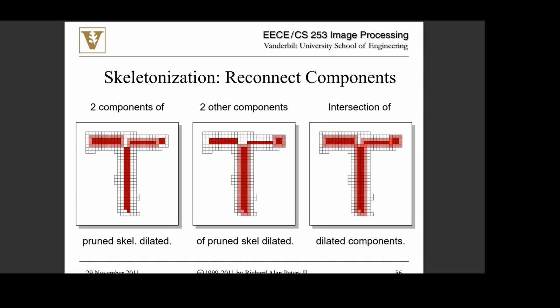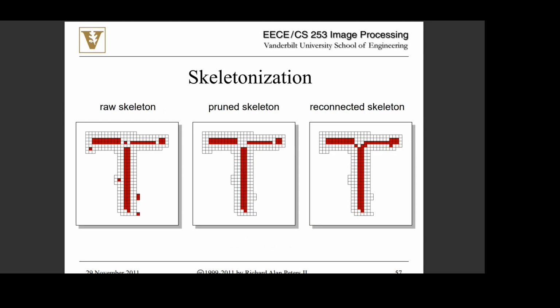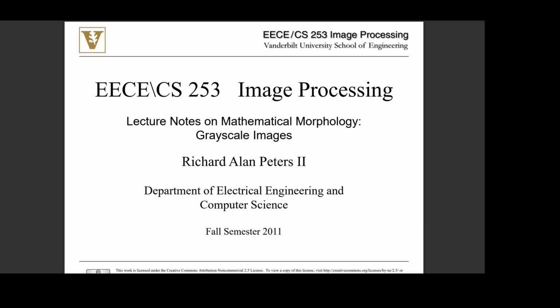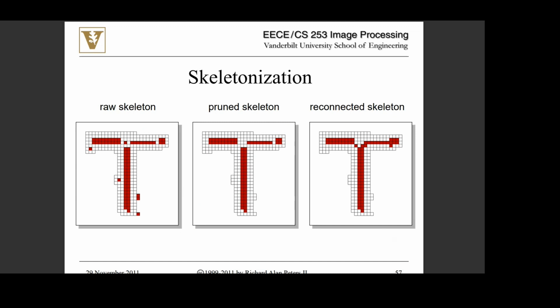And now you dilate, and you compute the intersection with the other one, and you keep dilating and intersecting, and at the end, you will have this reconnected skeleton. So, any question about this?